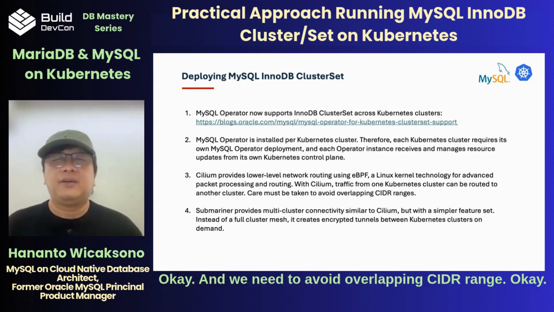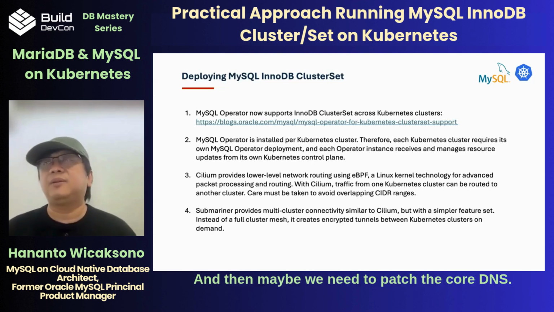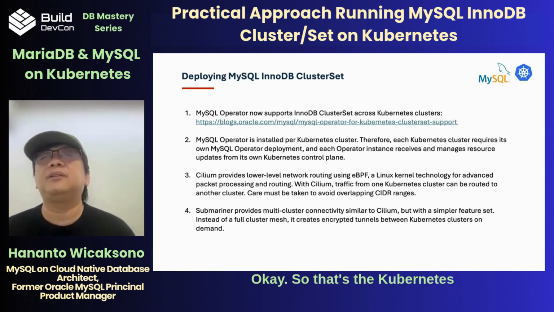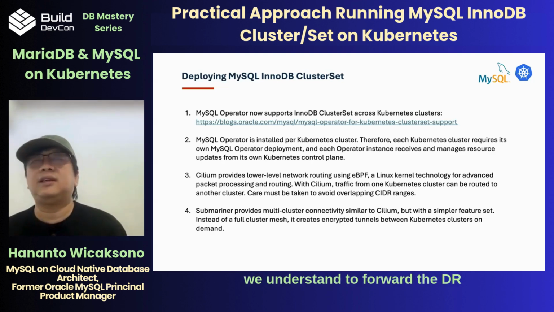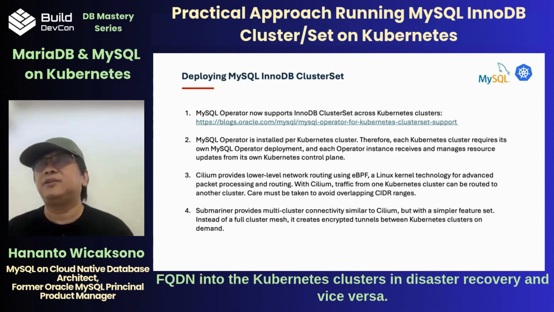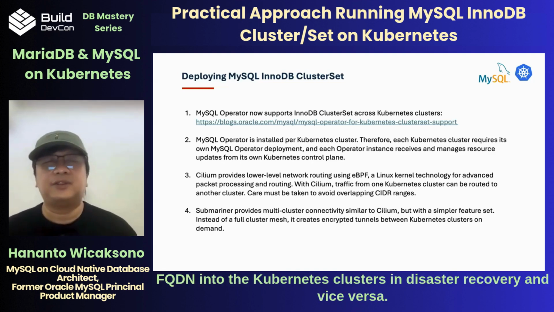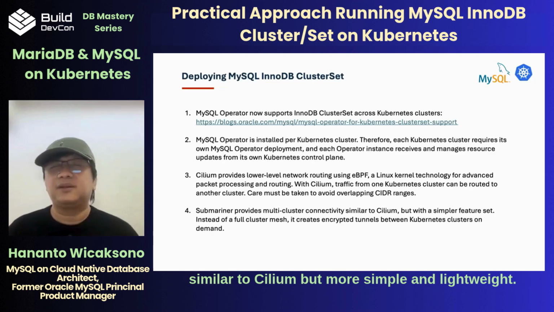We need to avoid overlapping CIDR ranges, and then maybe we need to patch the CoreDNS so that Kubernetes understands how to forward the DR FQDN to the Kubernetes cluster in disaster recovery and vice versa. Submariner also provides connectivity similar to Cilium, but simpler and more lightweight.